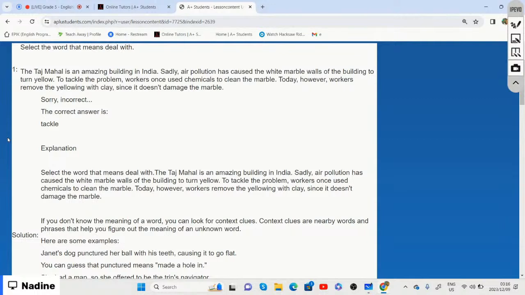Sadly, air pollution has caused the white marble walls of the building to turn yellow. To tackle the problem, workers once used chemicals to clean the marble. Today, however, workers remove the yellowish tint with clay since it doesn't damage the marble.